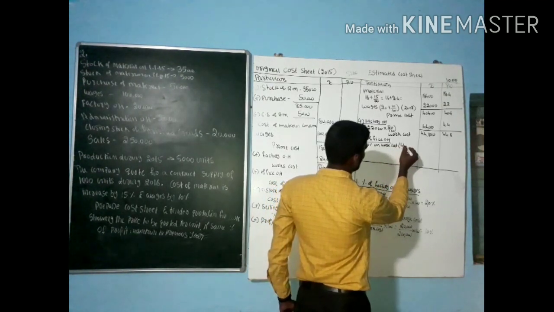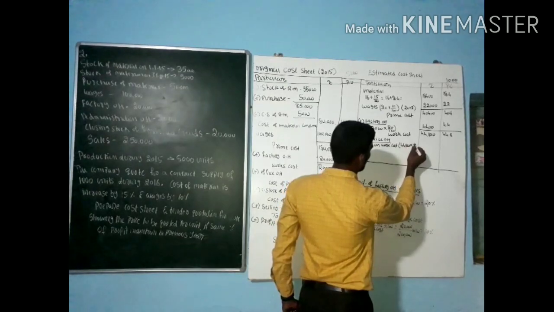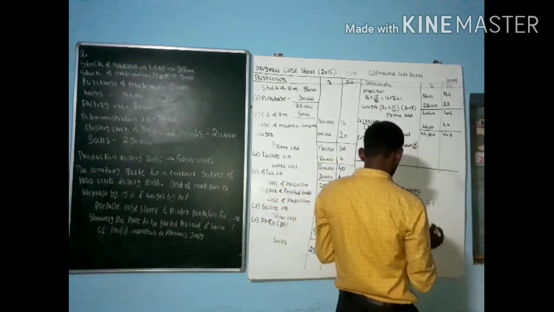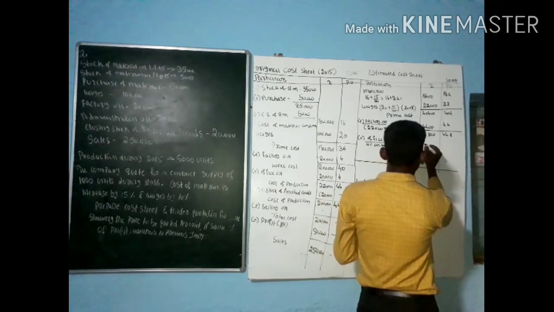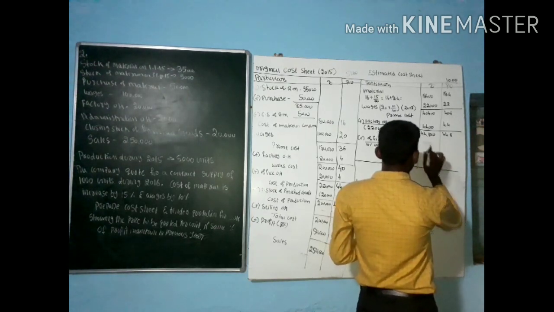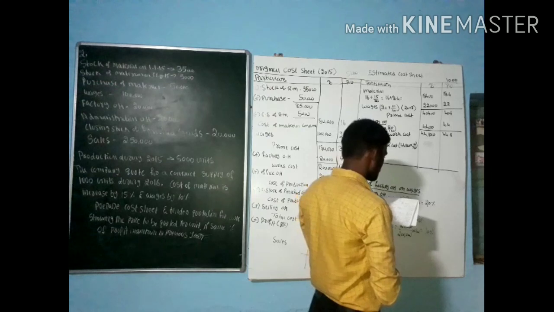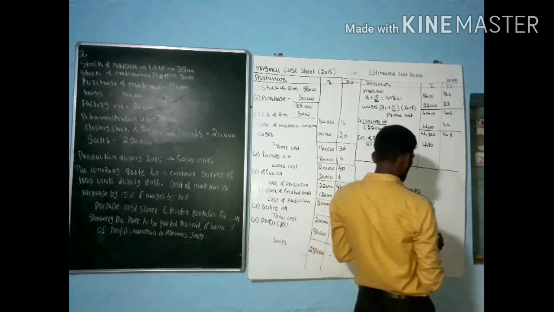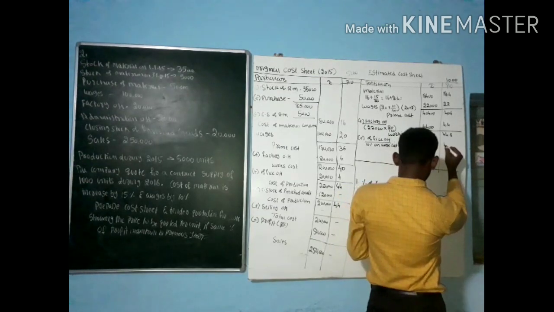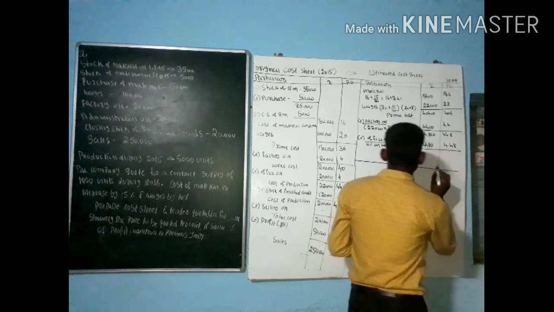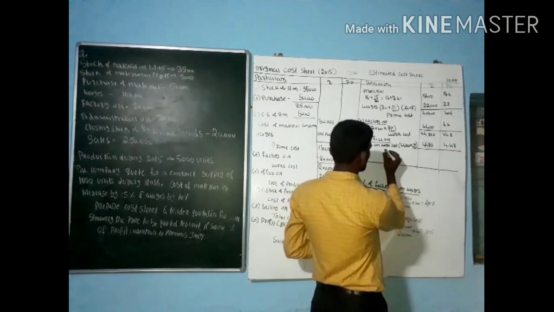That is 44,800 into 10 percentage, getting 4,480. Per unit value is 4.48. It is called your cost of production.